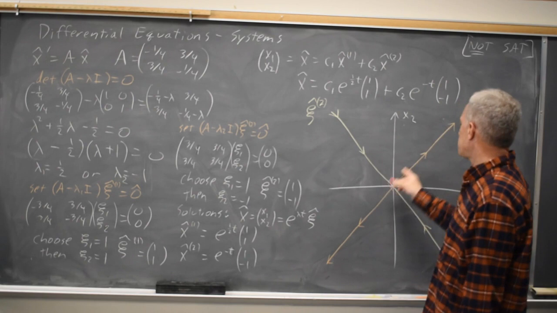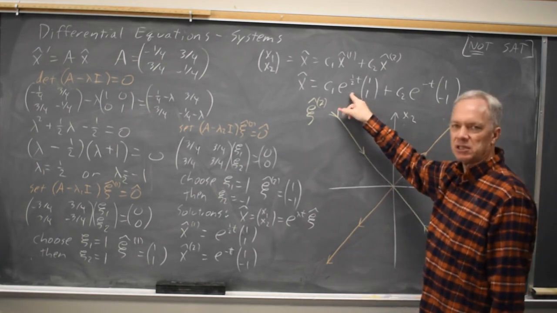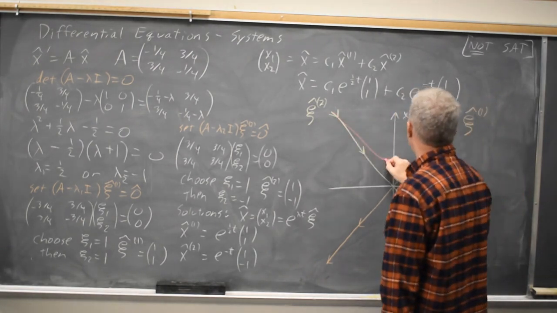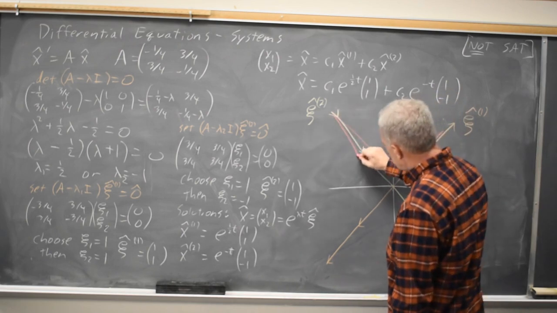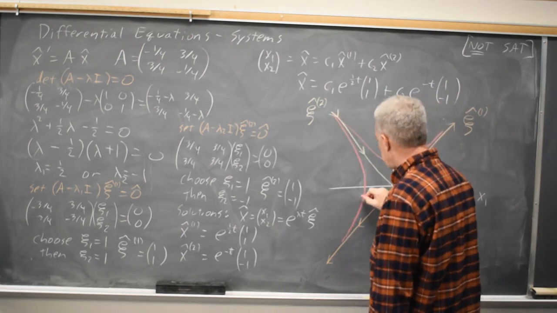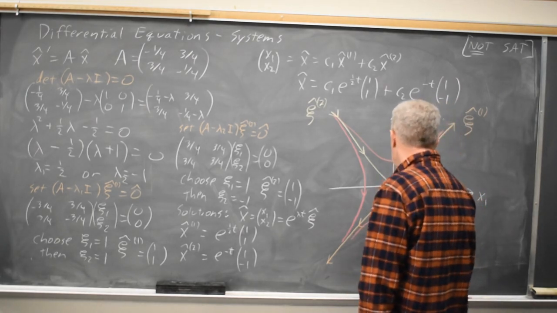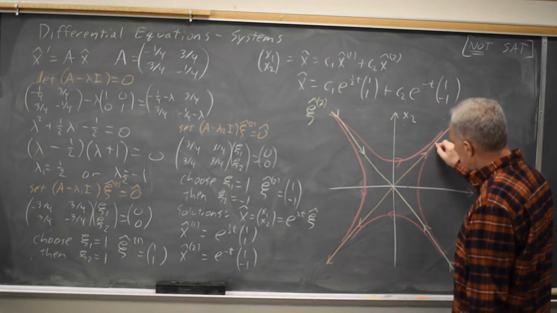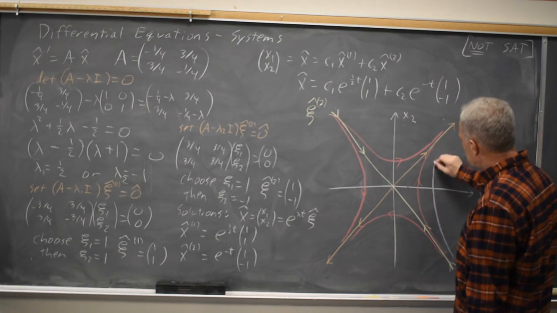My component in the direction of eigenvector 1 goes to infinity because e to the 1/2 t goes to infinity. So my trajectories will form a pattern that we call a saddle that tends to more or less parallel the closest eigenvector, or at least the direction of the arrows is the same as the direction of the closest eigenvector. So our trajectories look something like this, and further out, they're a gentler curve.